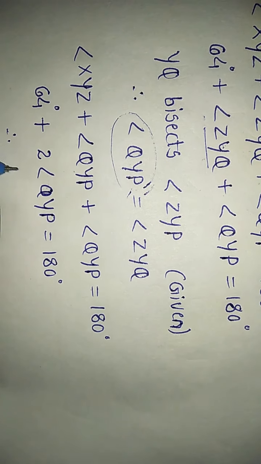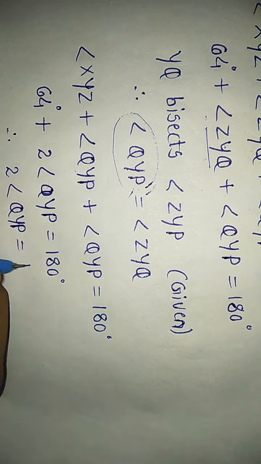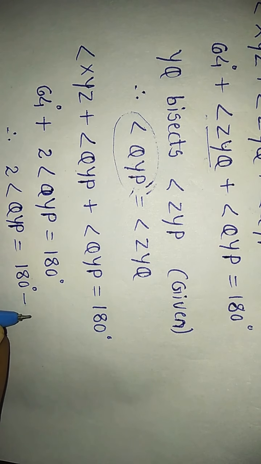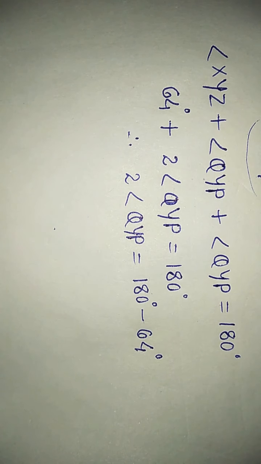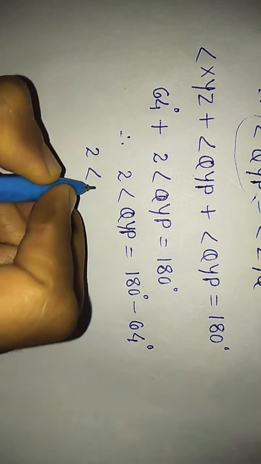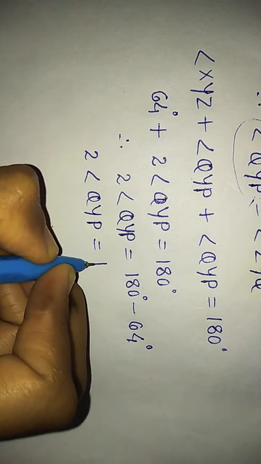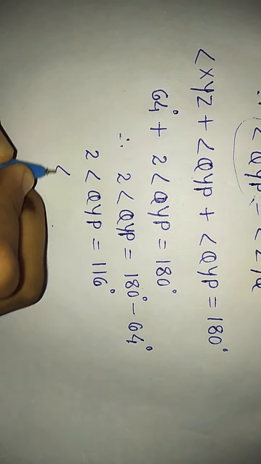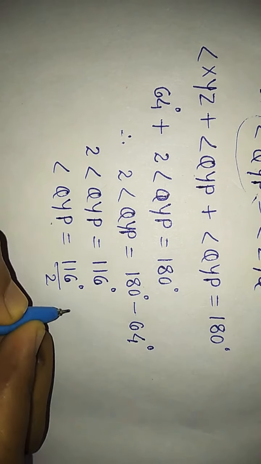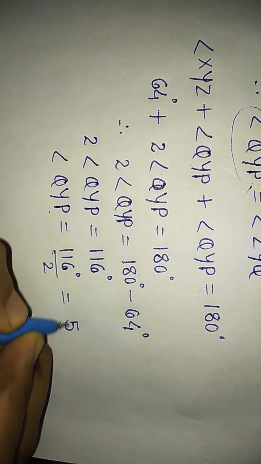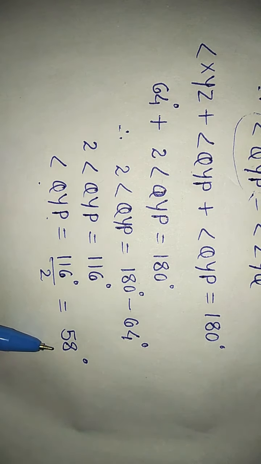If we want to find QYP, we will write 2 into QYP will be equal to 180 degree minus 64 degree. Therefore, 2 QYP gives us 180 minus 64, which is 116 degree. Now QYP will be 116 degree divided by 2, which is 58 degree. So we got the value of QYP as 58 degree.